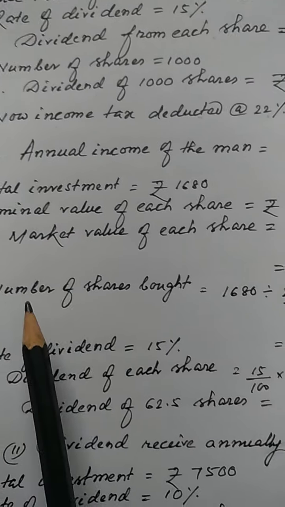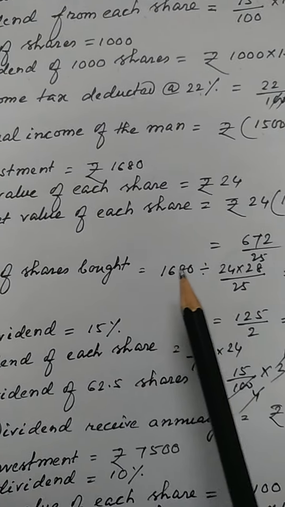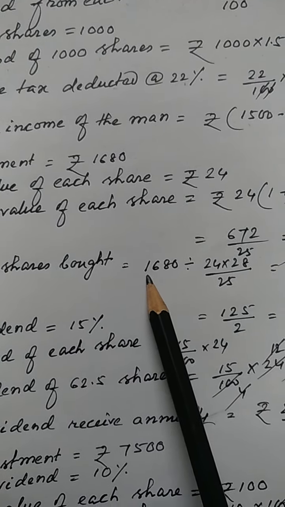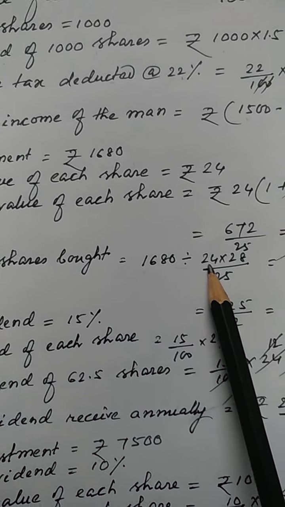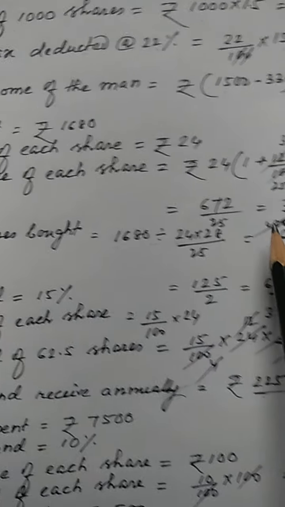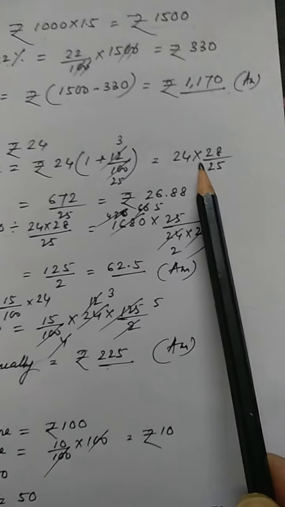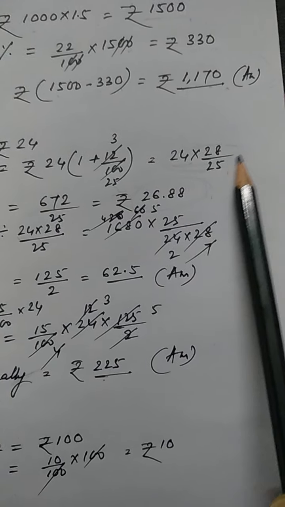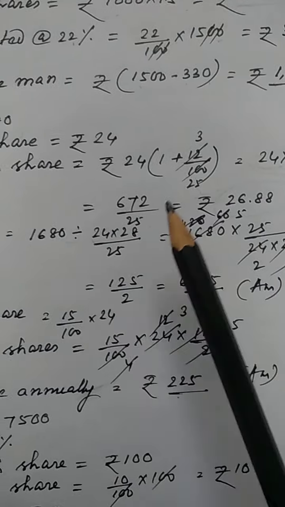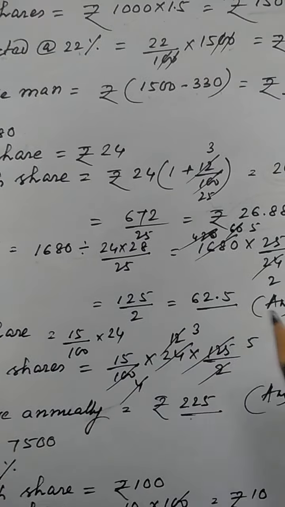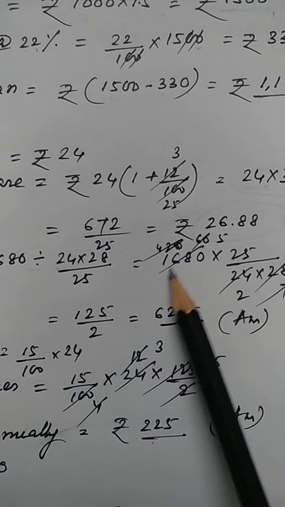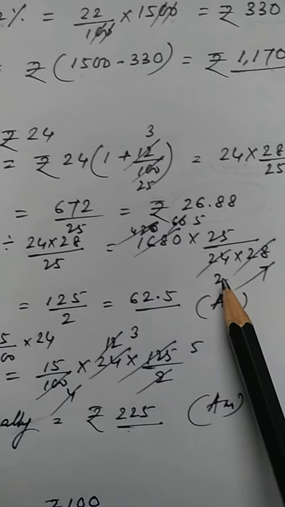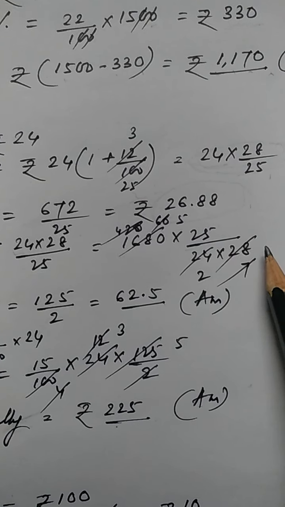Now number of shares bought. Number of shares bought will be the total investment divided by market value of each share. So here I write the market value of each share in this form, that 24 into 28 by 25. So it will be easy to calculate, and here I write 1680 into 25 by 24 into 28.